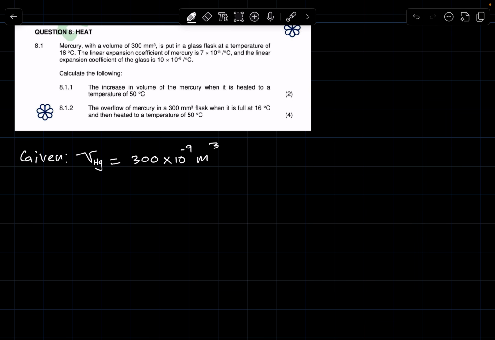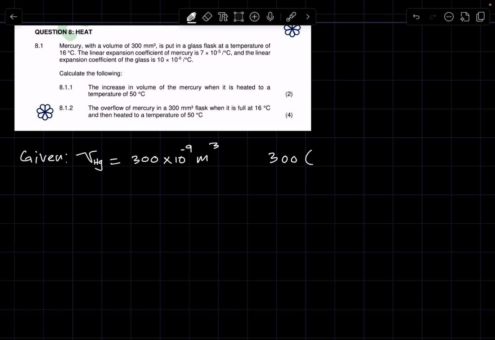If you were to convert that 300 cubic millimeters to cubic meters, remember that 1 meter is equal to 1000 millimeters.